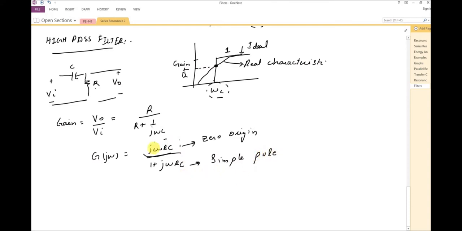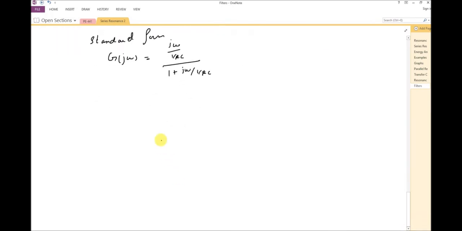So now if I have to write that in standard form, the gain function will become j omega over 1 by RC, and 1 plus j omega over 1 by RC. So now if I have to find the cutoff frequency from this, that will be omega C is equal to 1 by RC.